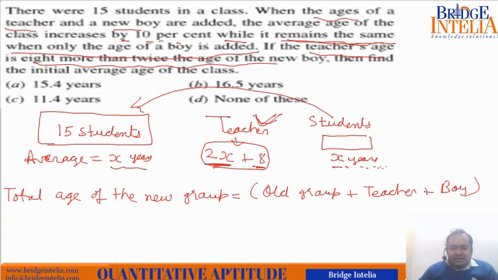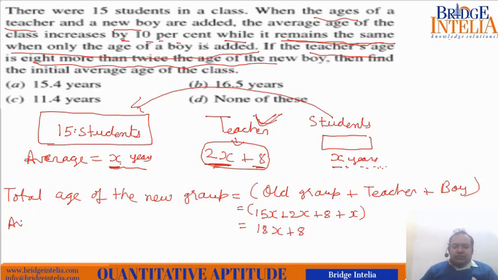The sum of ages of the old group is 15x, because the overall average is x. I'm not saying each student was x years old, but on average x years. So the total is 15x + 2x + 8 + the boy's age x, which is equal to 18x + 8.